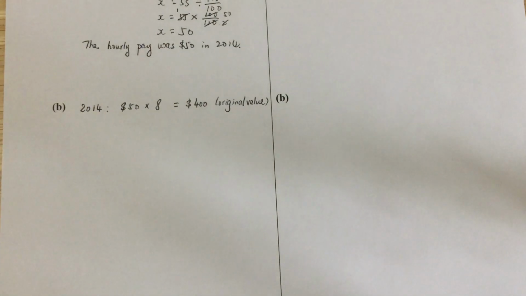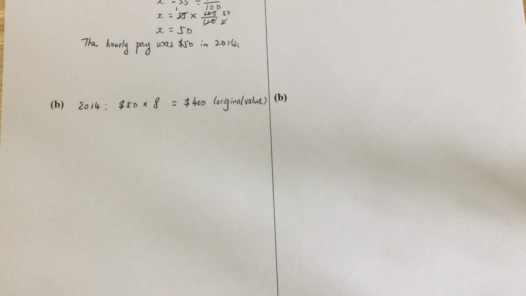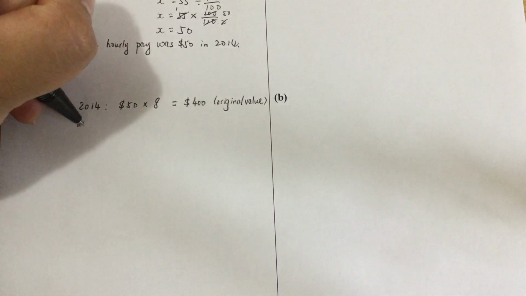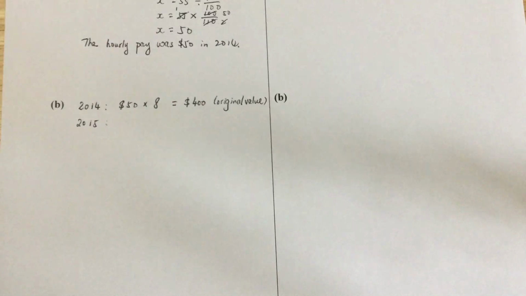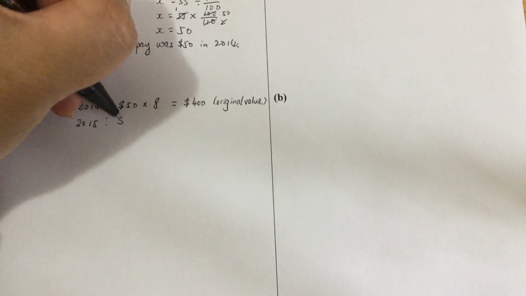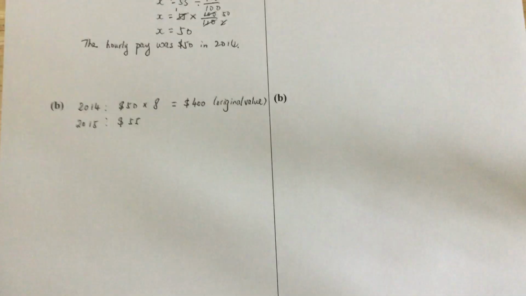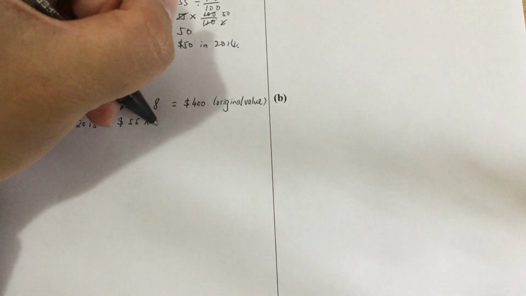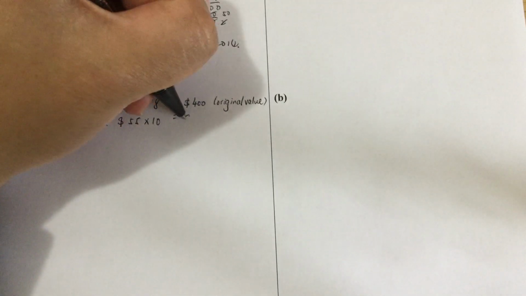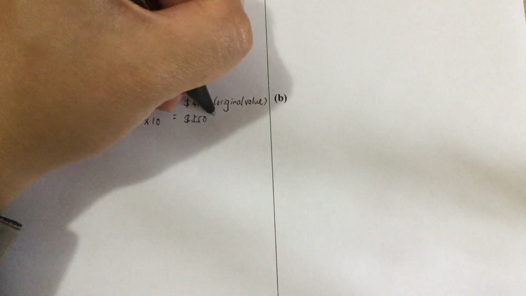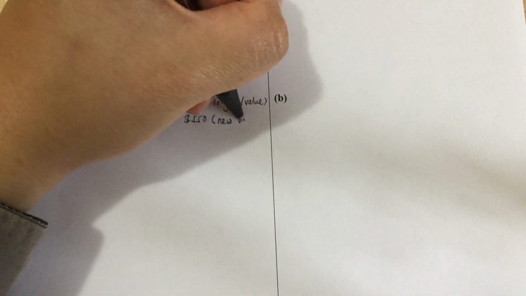And then we have 2015. This time you will have $55, and then he does 10 hours. So this is $550. This is the new value.